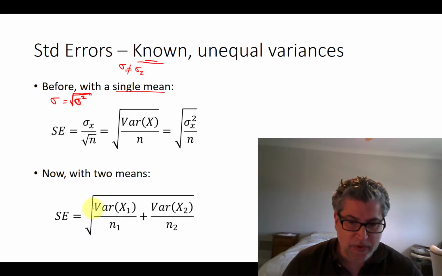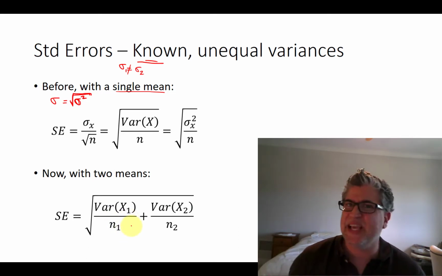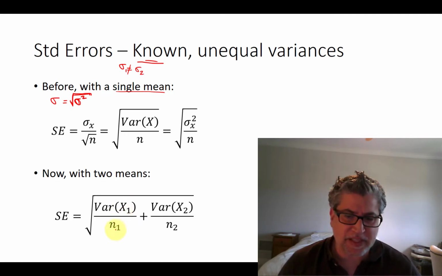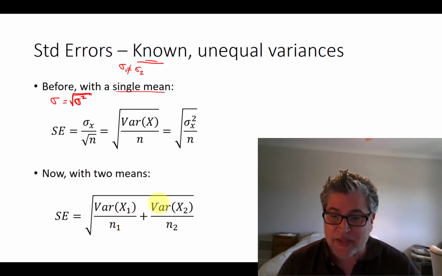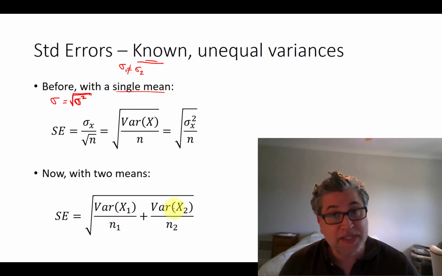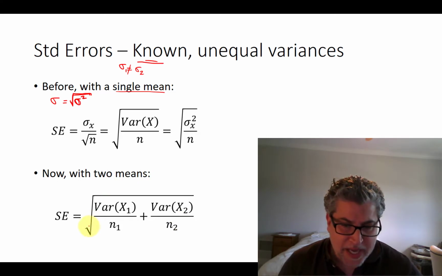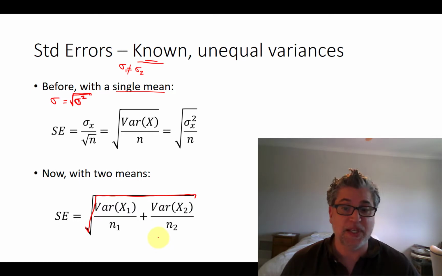It's still the square root of variances divided by the sample size, except now we're taking kind of like an average. We've got the variance of x1 divided by its sample size n1, the data from our first sample. And then we're adding to that the variance from the second sample, again divided by its sample size n2. We're just going to be taking the square root of the sum.